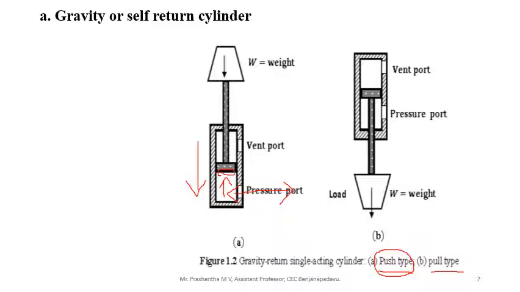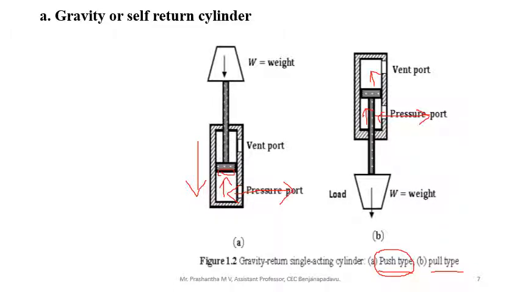When we go for the second type, pull type, the port is provided at the rod end. Because of this action, the force of the liquid acts in this direction, and the piston travels upward like this.